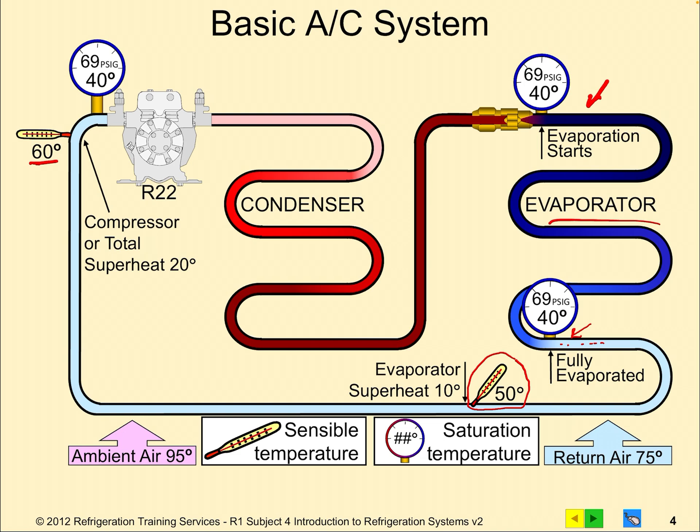So not uncommon to see that. So in this case, we're showing an evaporator superheat of 10 degrees, but a total superheat of 20 degrees. And that's simply because by the time we get to the end of this line, we picked up some extra heat in the suction line.